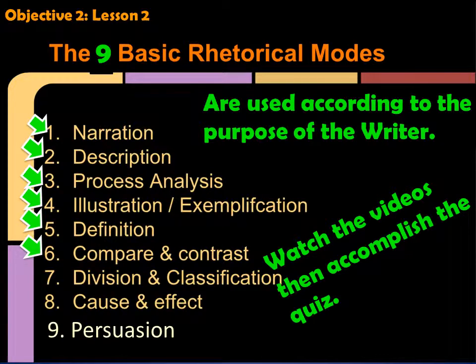If we want to list down or classify or categorize certain ideas, in that case we're using division and classification. When we try to tell our audience, for example, that drugs can cause negative effects on the body or smoking can cause negative effects on the body, we discuss the elements of cause and effect.